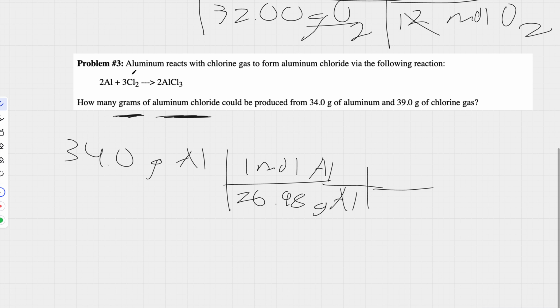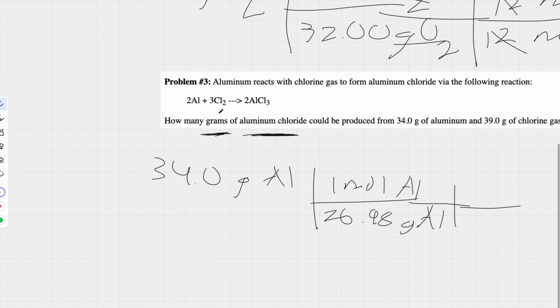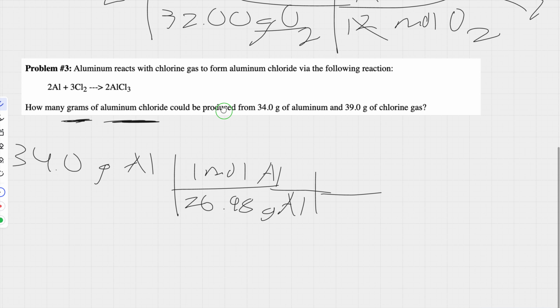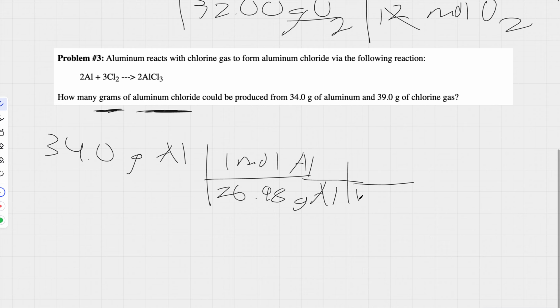And then the mole ratio, there's 2 and 2. So like I said, when these two are the same, we don't really have to write it out. In this case, I'm just going to say 1 mole of aluminum, 1 mole of aluminum chloride, since these two are a 1-to-1 ratio.